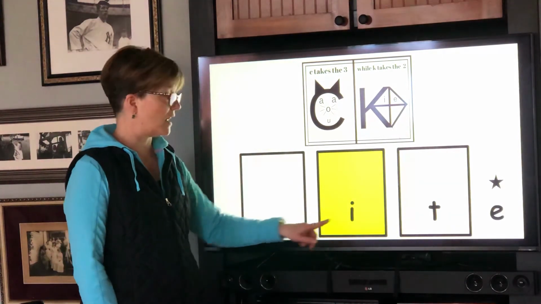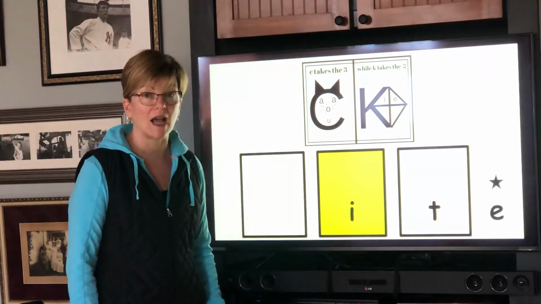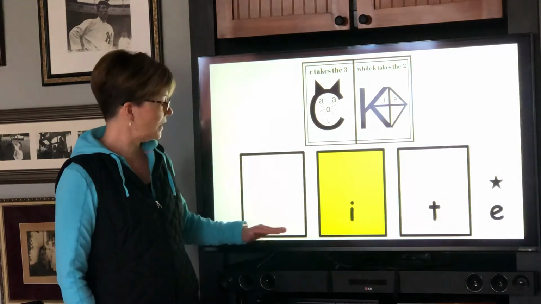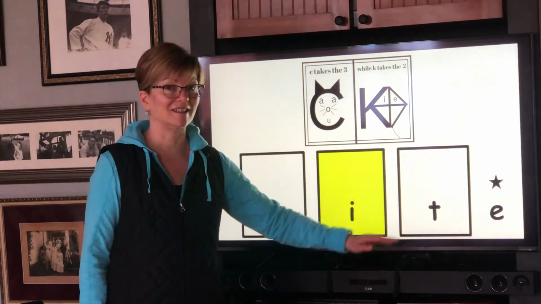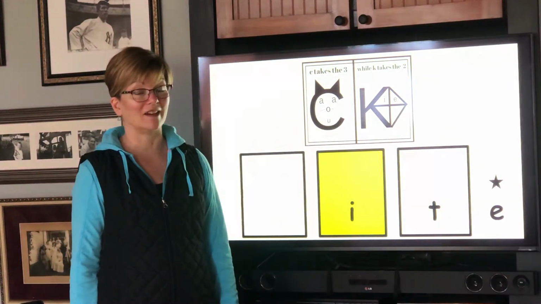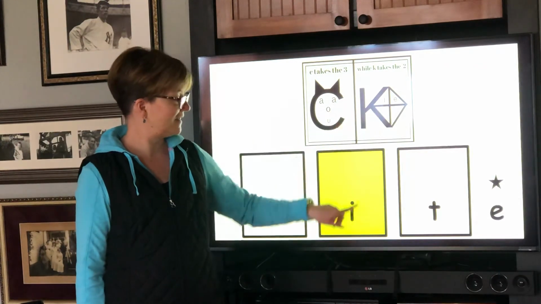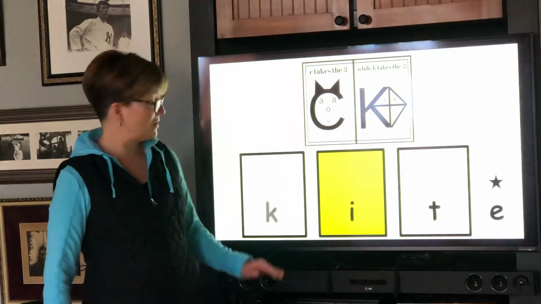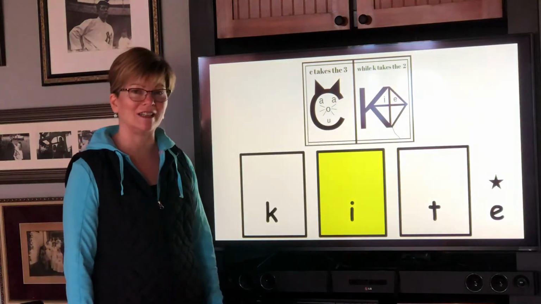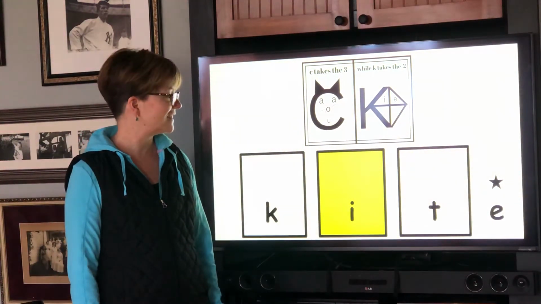So let's sound it out. And when we get to this vowel, we're going to say I instead of i. Kite. Oh, we have a picture of a kite up there. And in that kite is that vowel pattern that's saying I. Did you yell out K? I hope you did, because that was correct. Let's do one more.